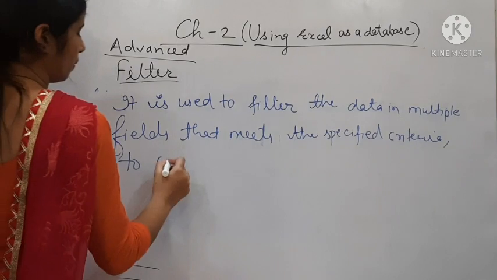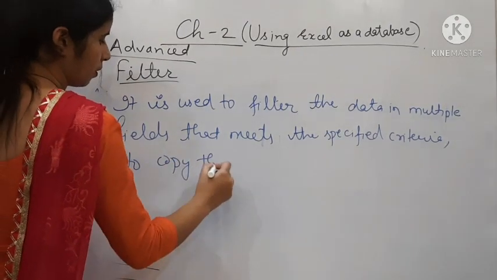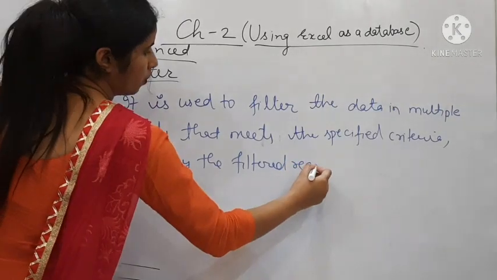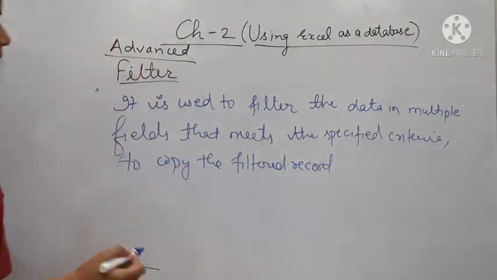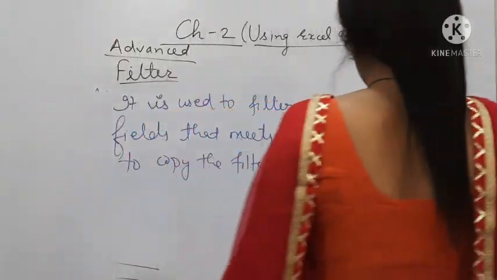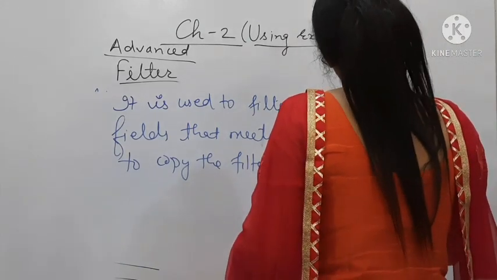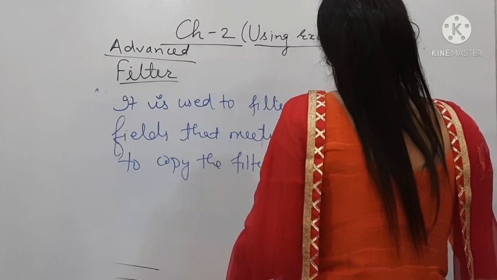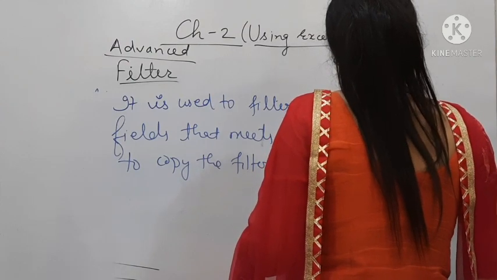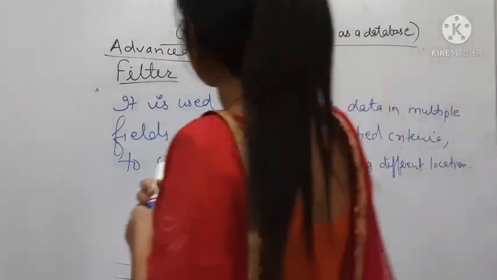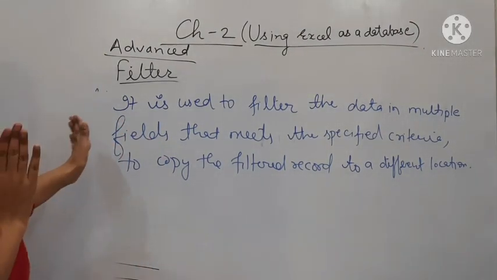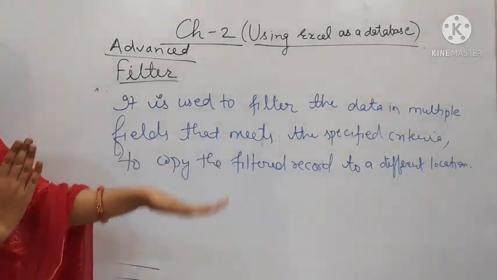How? To copy the filtered record to a different location. Here, advanced filter is used to filter data in multiple fields that meets the specified criteria.